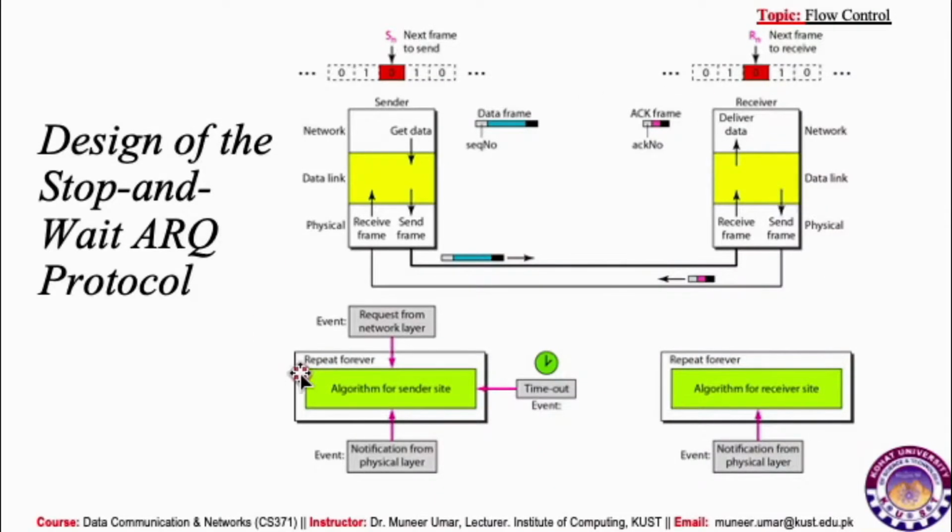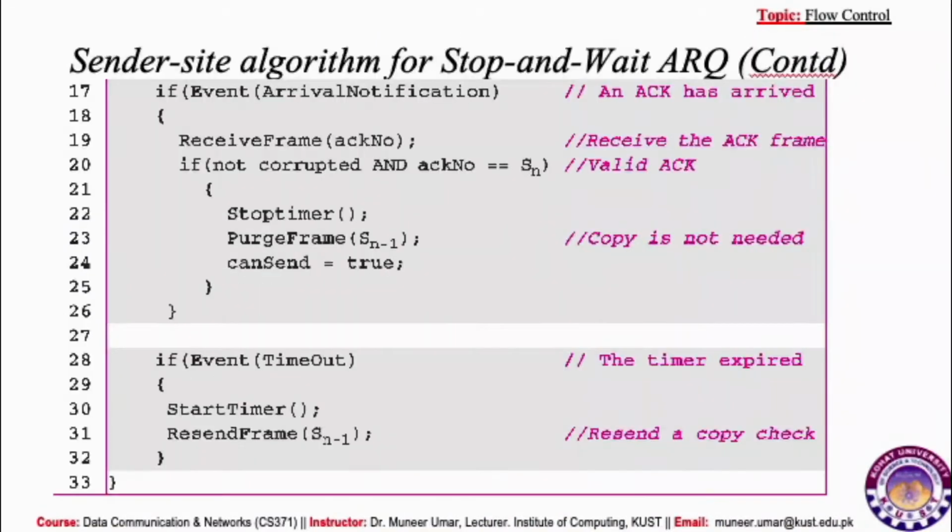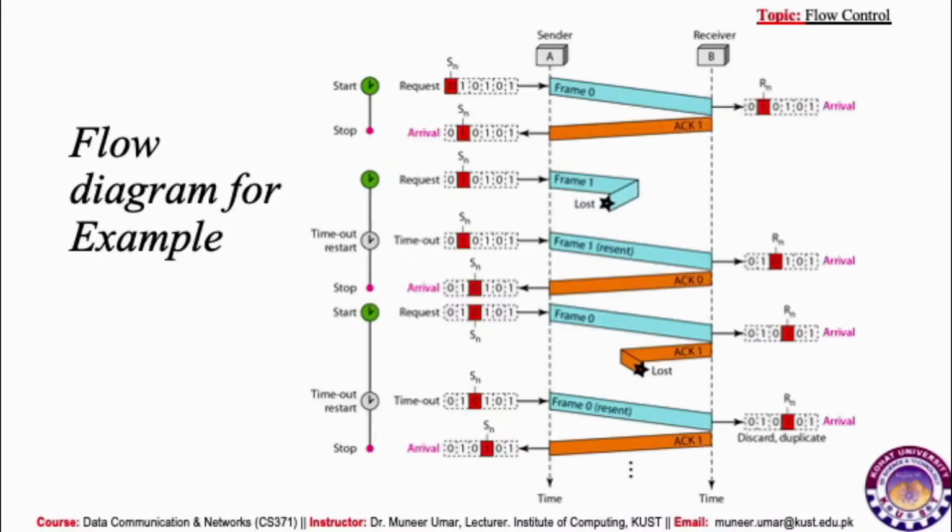This figure is a bit different from the stop and wait for noiseless channel. Here we have a difference in the structure of the ACK frame. Also, the algorithms are different. Now here, if you look into this figure, this one is different. In the noiseless channel, we assumed that the channel is ideal.